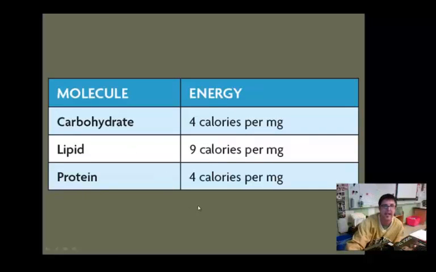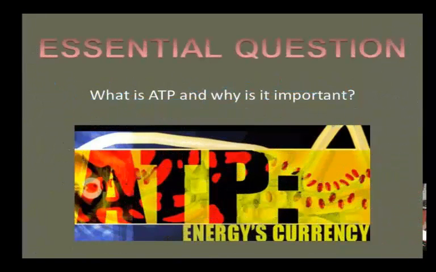So here's a good diagram showing you, okay, for carbohydrates, for every milligram, that's not that important for you to know, but for every milligram we have about 4 calories of energy. Proteins, about 4 calories of energy, and lipids, over 2 times the amount of energy in lipids. Okay, so that's why animals in cold environments, they love to eat fatty foods right before they hibernate, because that's a ton of energy for them.